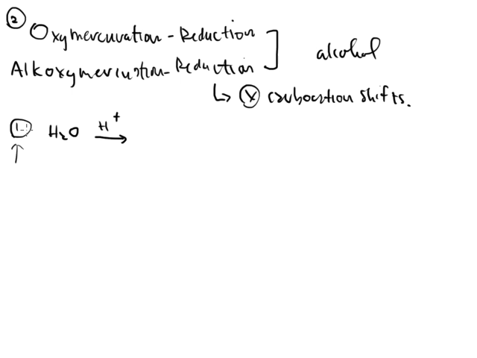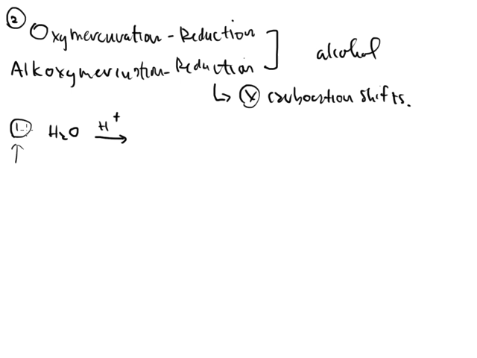And that is where the OH group is going to go. Maybe I don't want that. I don't want the rearrangement to take place. Well, good news for you. If you don't want the rearrangement to take place, we have option number 2. And option number 2, you can choose, and that's oxymercuration reduction or alkoxymercuration reduction.